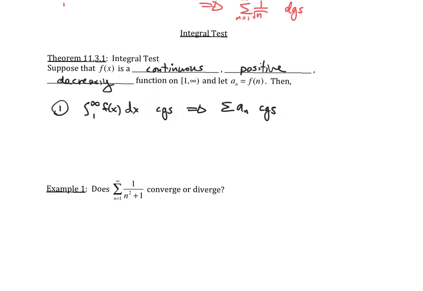On the other hand, if that integral from 1 to infinity of f of x dx diverges, then this means that our infinite sum also diverges. This is going to work for us as long as these three conditions hold: f is continuous, f is positive, and f is decreasing.